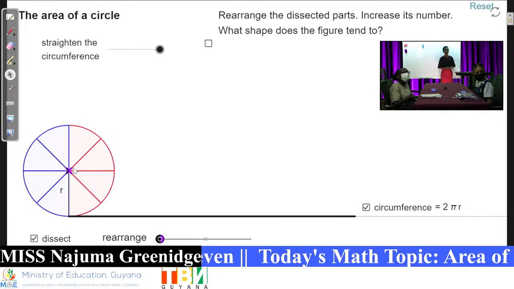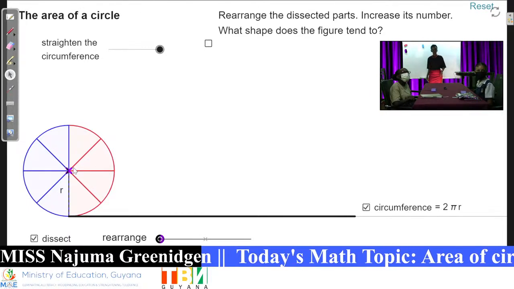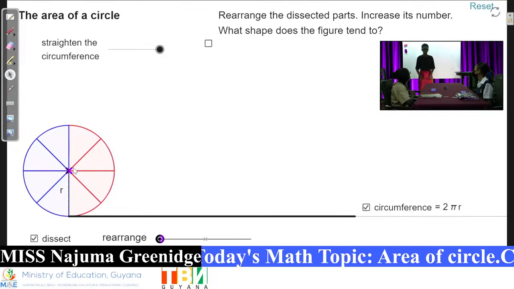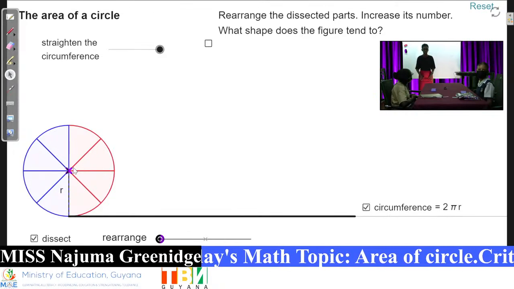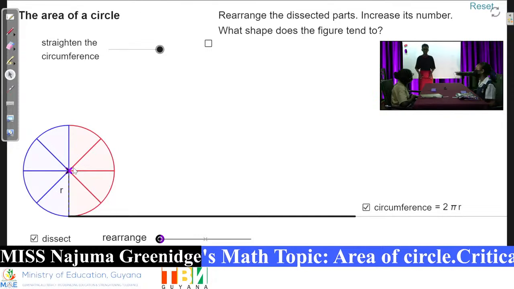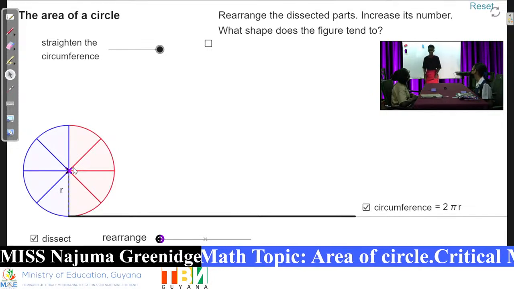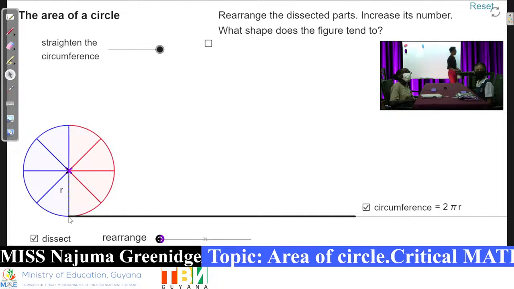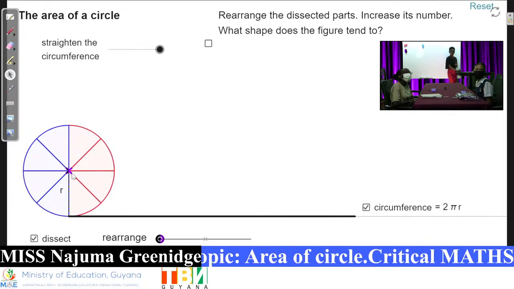So any point from the center of the circle to some point on the circumference, we refer to that as, what do we call that? It's R. And what is R? Radius, right? So the height, from here to here, represents the radius, right?